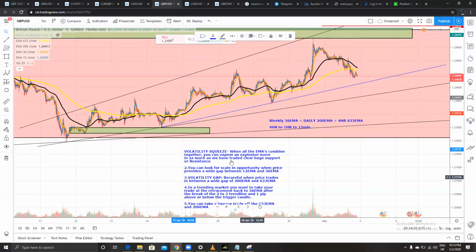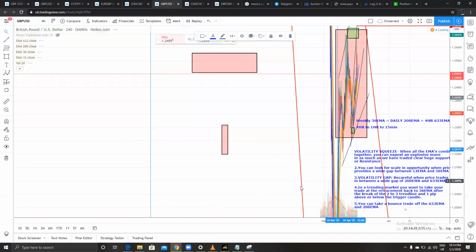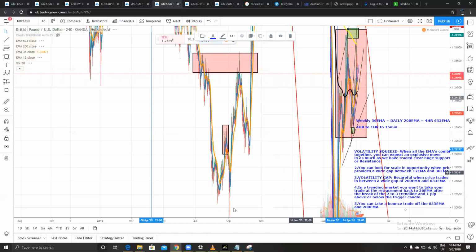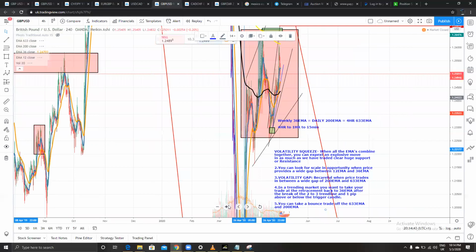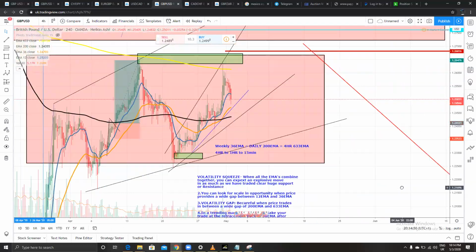So if we look at a bounce trade example quickly, when we go back to that 4-hour chart, you're looking for a key candle to form like a doji.